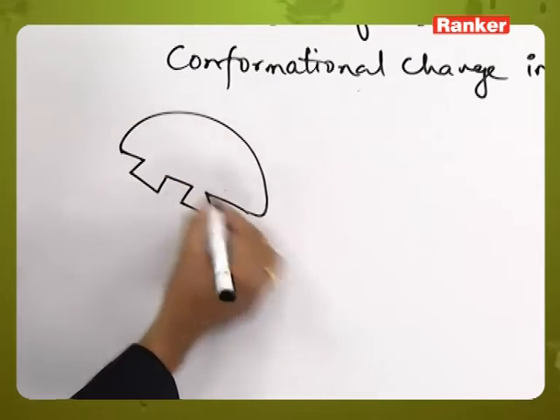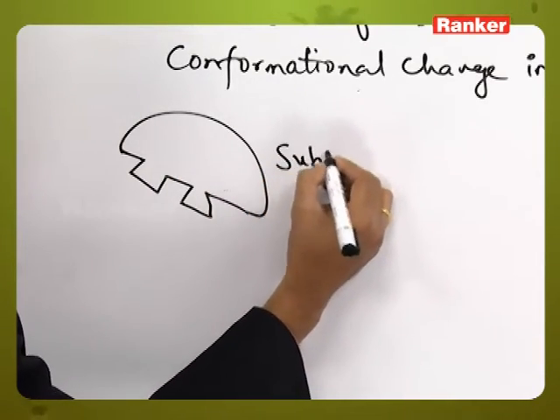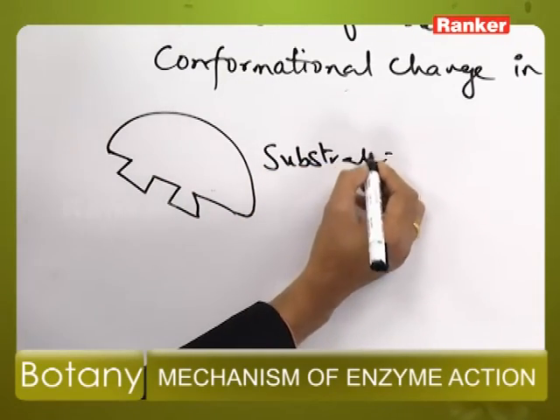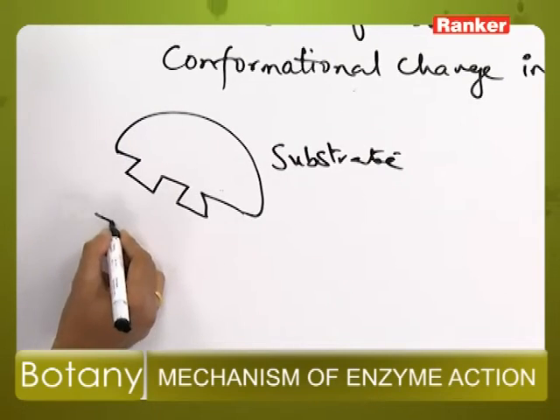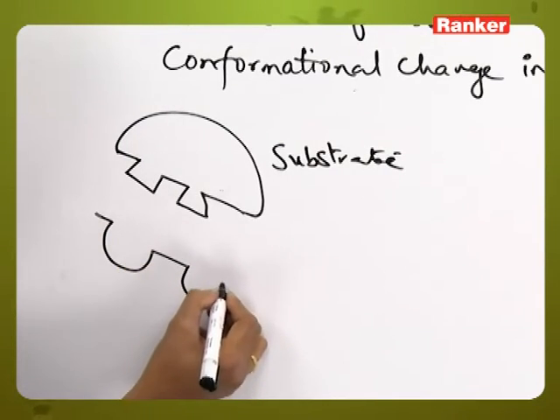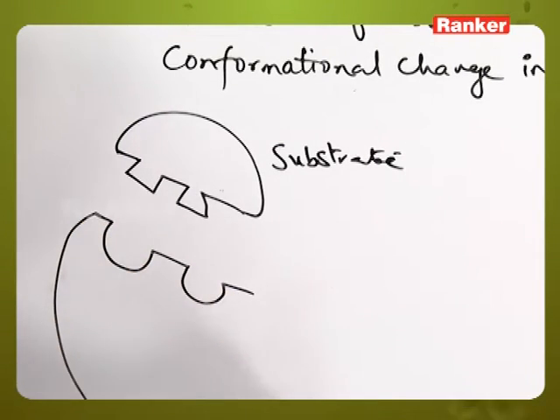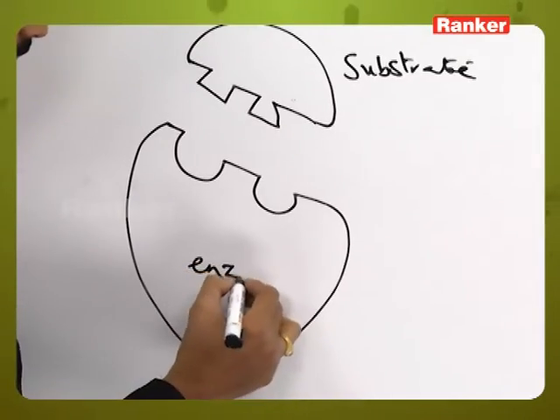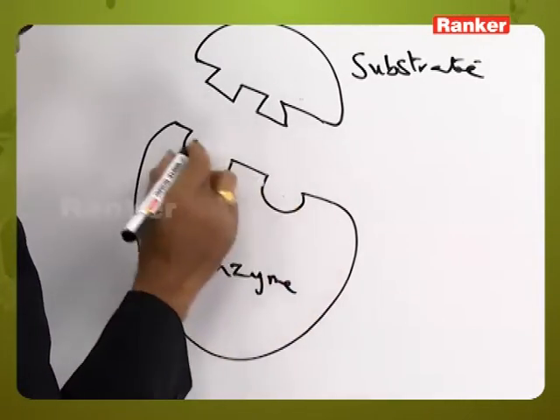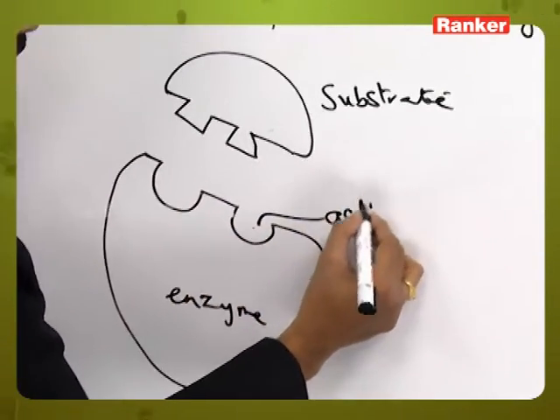If you take the example, this is a substrate molecule and this is an enzyme molecule. Here, these are the active sites on the enzyme molecule.